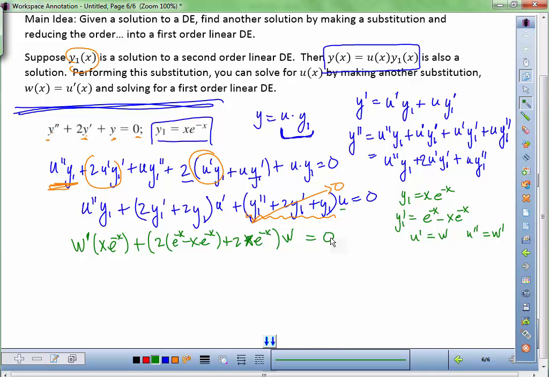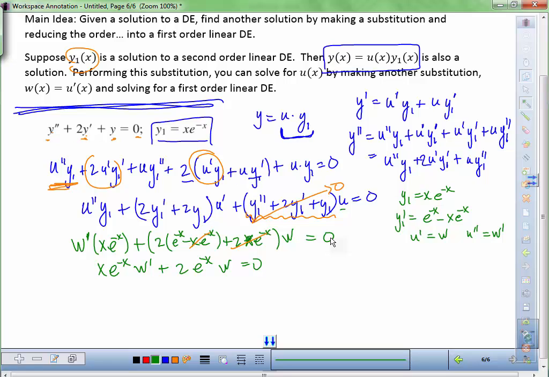Okay, what else can we get rid of? Between these two, we have two e to the negative x, and then we have a negative 2x e to the negative x, and then there's a positive 2x e to the negative x. So that would disappear, and then this becomes a little bit easier. We have x e to the negative x times w prime plus 2 e to the negative x, and these other two terms go away, times w is equal to 0.